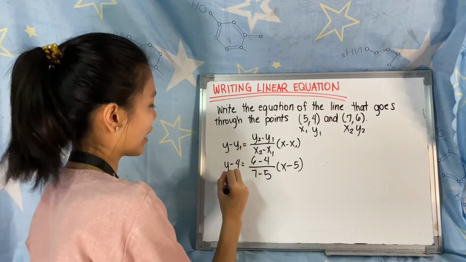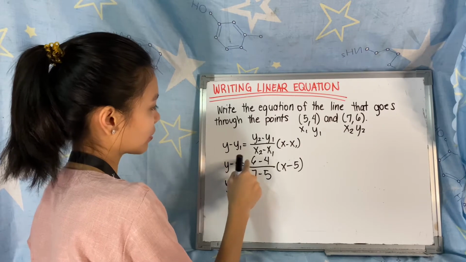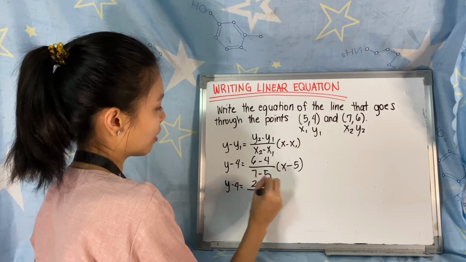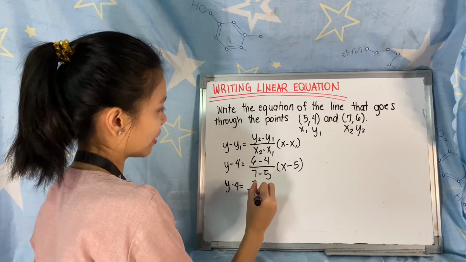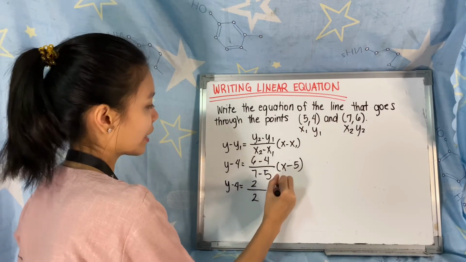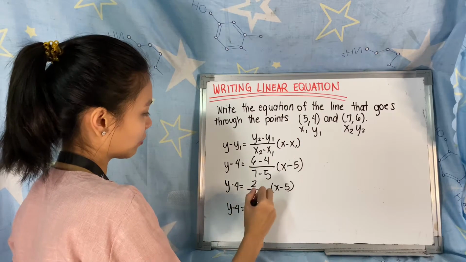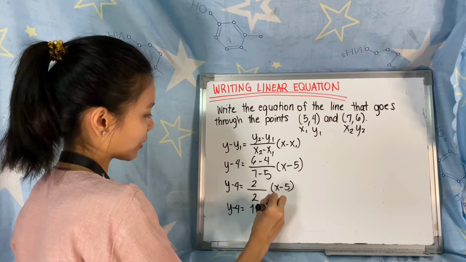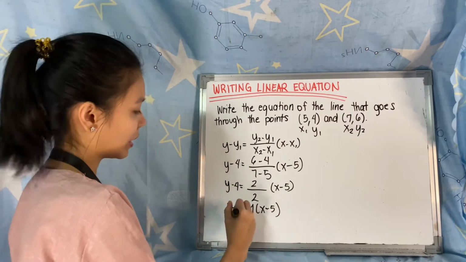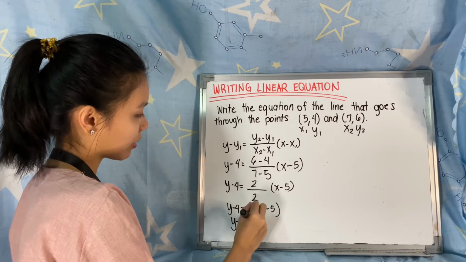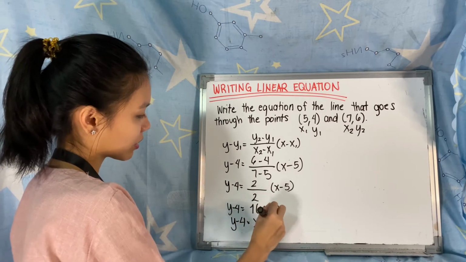So, simplify. Y minus 4 is equal to 6 minus 4, that is 2, all over 7 minus 5, that is 2. Then, x minus 5. So, y minus 4 is equal to 1 multiplied by x minus 5. So, that will become simply y minus 4 is equal to x minus 5. Then, simplify.